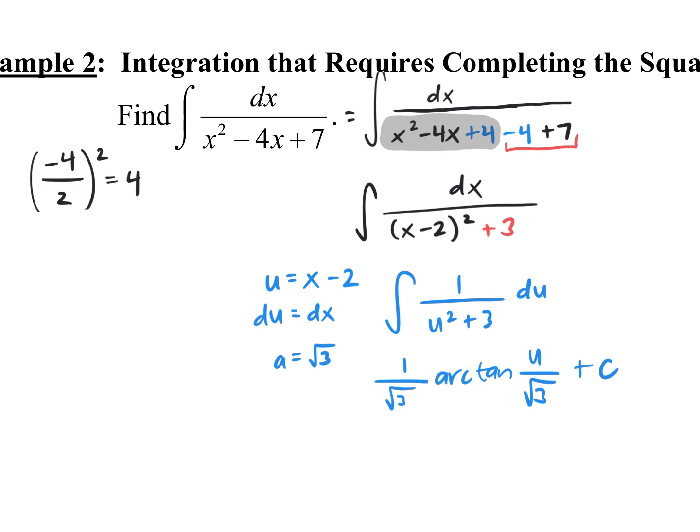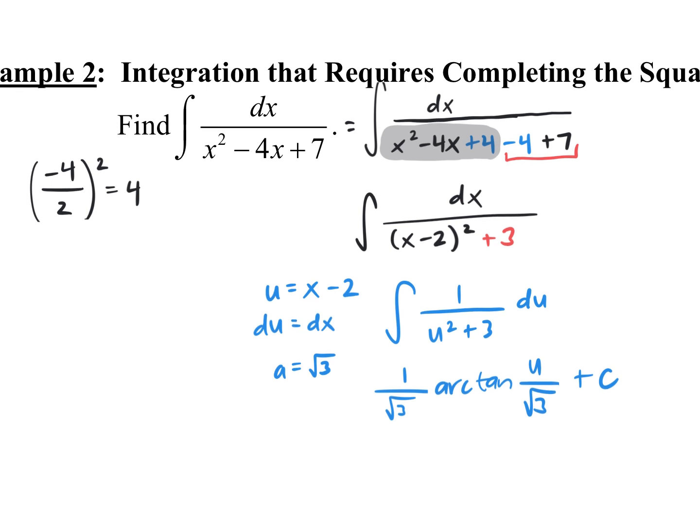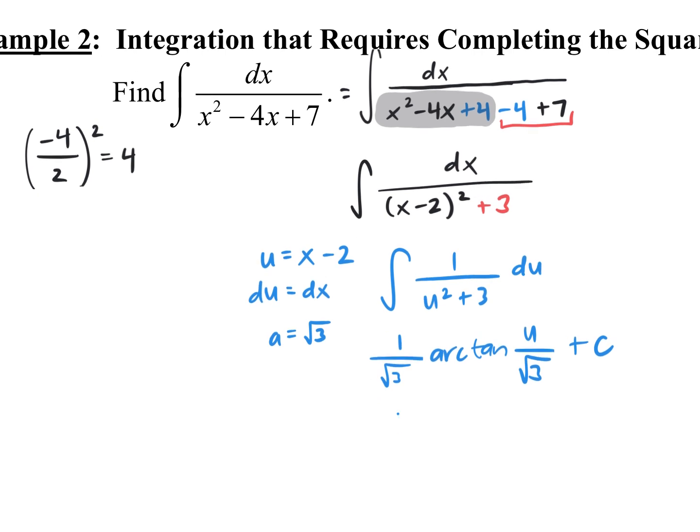And then we just got to plug in the u. So I'm going to plug in my u as x minus 2. So I've got 1 over the square root of 3 arctan of x minus 2 over the square root of 3.